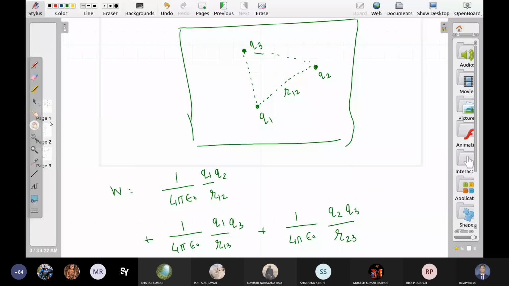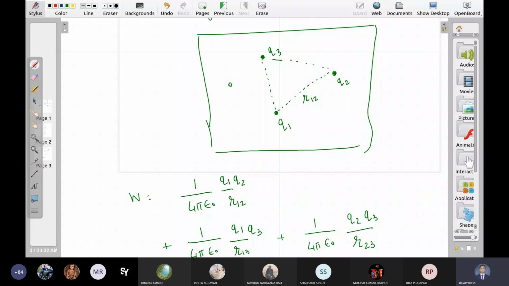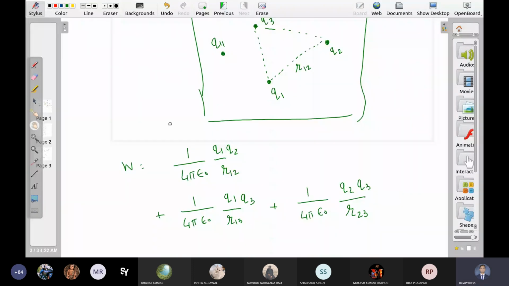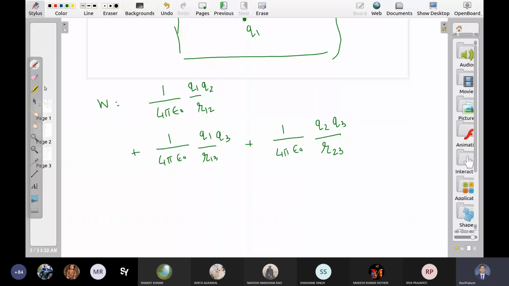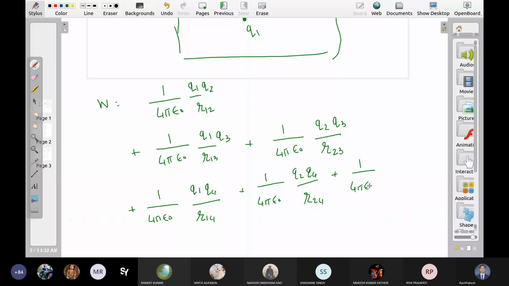Let us bring one more charge, Q4 here. How much work do we have to do to bring this charge here from infinity? Due to Q1, due to Q2, due to Q3, okay, and like this.